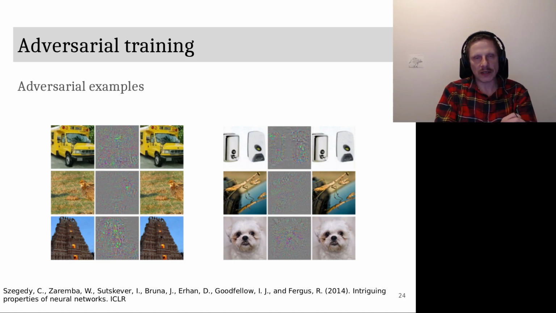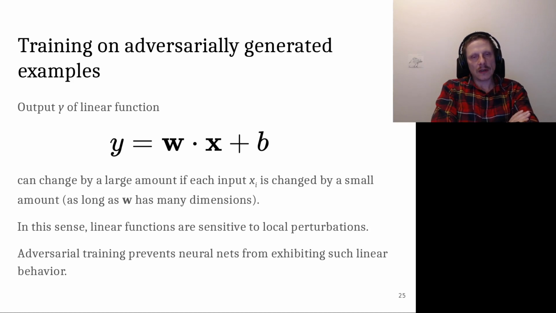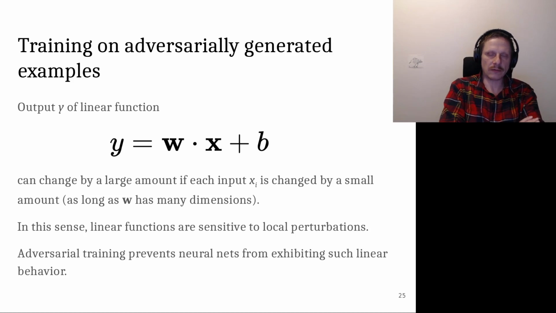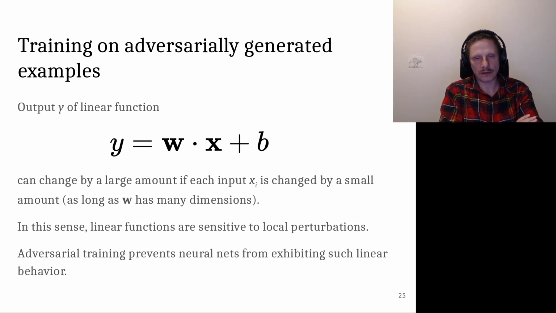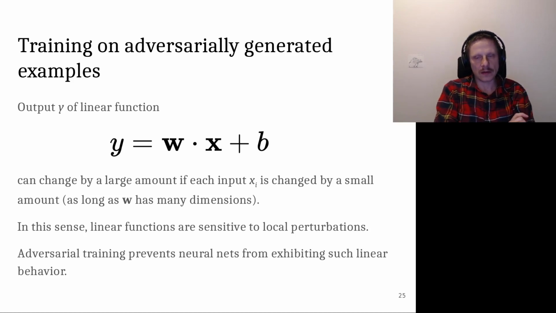So we will generate such adversarial examples, add them to the training data, and retrain the model, but without actually changing the labels. So we will have the original truck and the adversarial truck, which the model originally thought would be a kangaroo or something, and we will add many such examples to the training data and retrain it. Then the model after this retraining will hopefully be less sensitive to these local perturbations and will generalize better to unseen data.